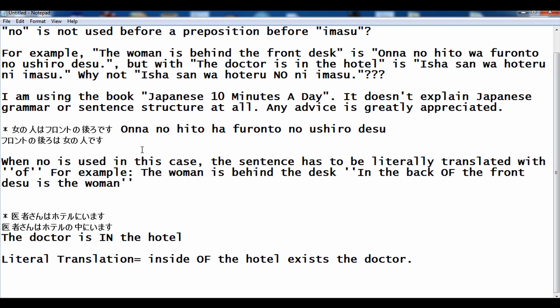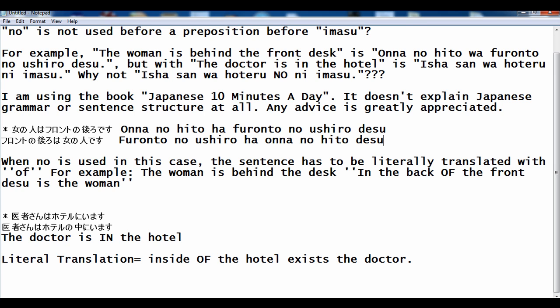There's another way you can write this. You could say fronto no ushiro wa onna no hito desu. Same meaning, just constructed differently.